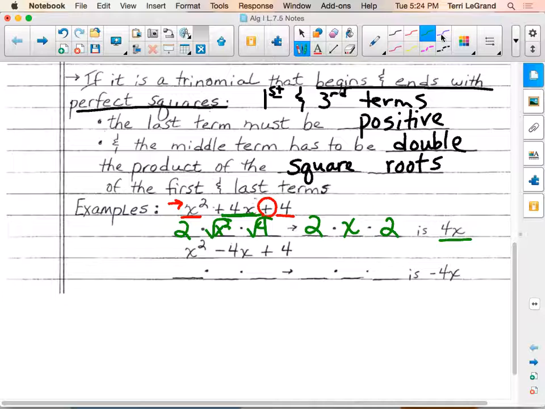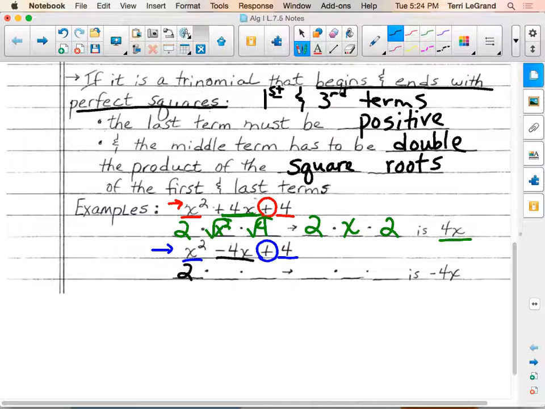Here's another one. x squared minus 4x plus 4. First and last terms have to be perfect squares. There has to be a positive last term. And now we'll check out the rule for the middle term meeting the standard it needs to.